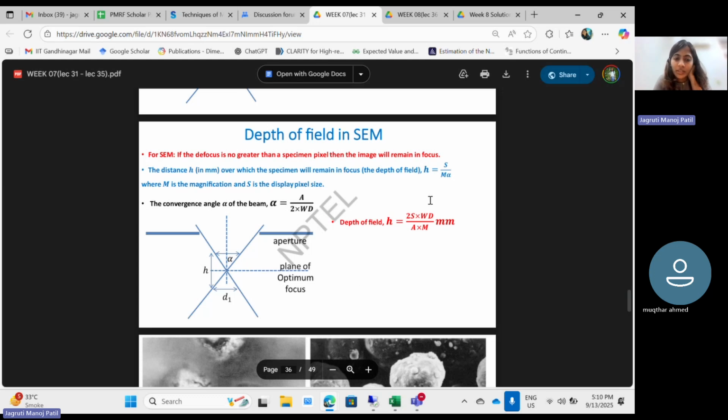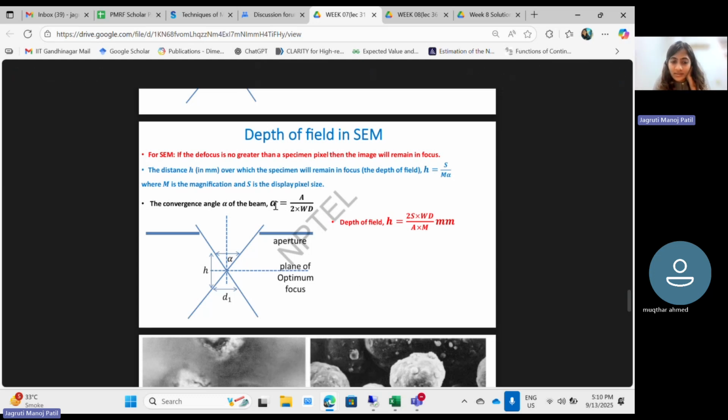Now, based on this particular relationship, if you look at this convergence angle, they have assumed that it's a very small angle, like if you say sine theta approximates to theta or cos theta approximates to theta. If you take that particular distance, which is your working distance, and the area of the beam is this.